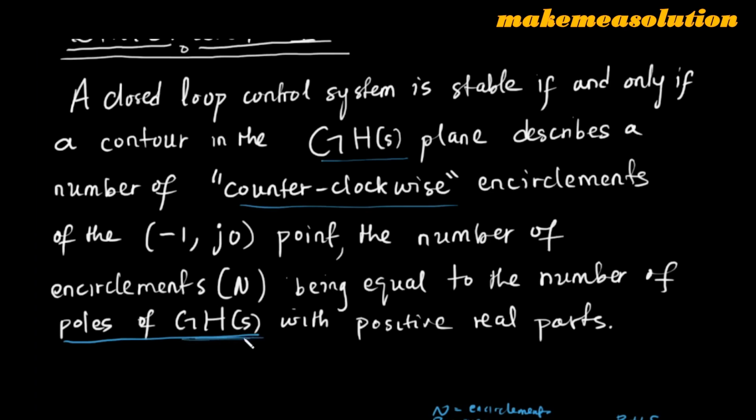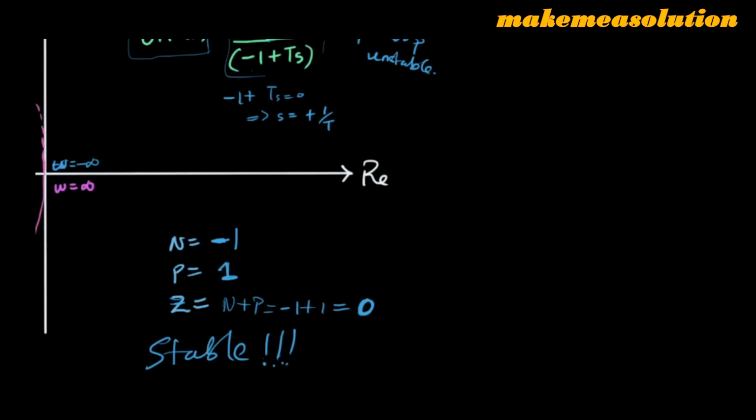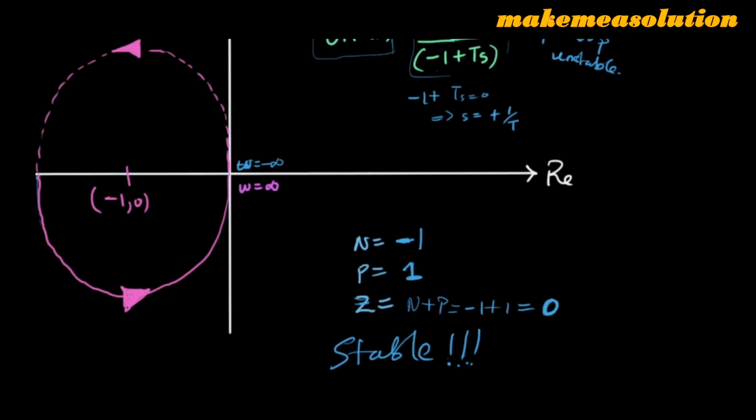Number of poles of this equation with positive real part. So we've just seen that the number of counterclockwise encirclements is actually equal to the number of what? Poles.